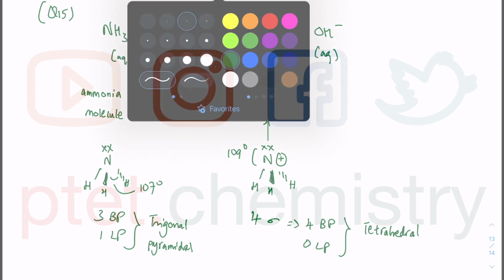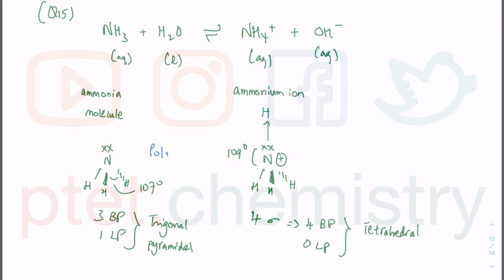So in terms of option A, ammonia is a polar molecule. As you know, ammonia forms hydrogen bonds because nitrogen is among the 3 most electronegative elements: oxygen, nitrogen, and fluorine, and is bonded to hydrogen. So obviously you can form hydrogen bonds between themselves as a result of it being a very polar molecule. The ammonium ion is non-polar, but of course it's an ion, so we don't need to talk about polar or non-polar.